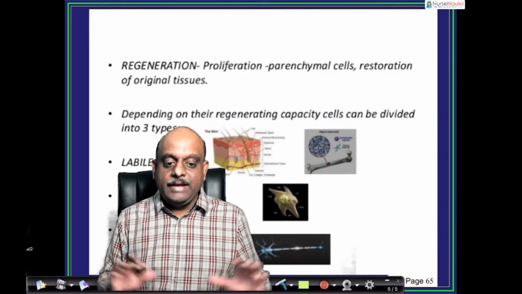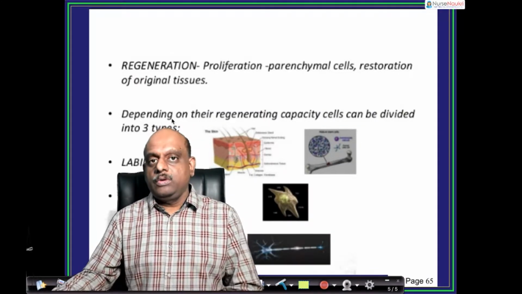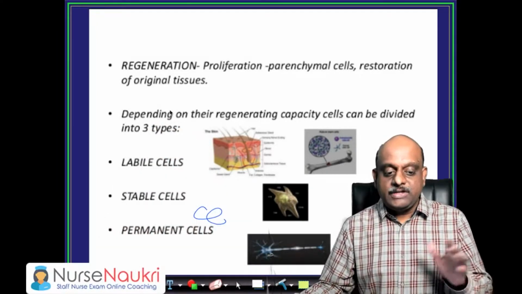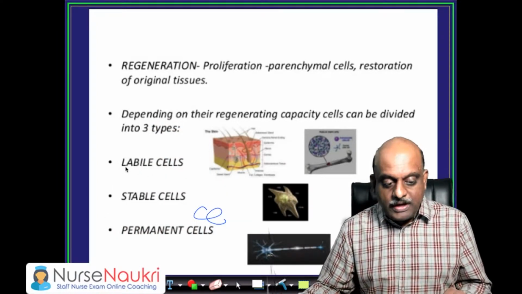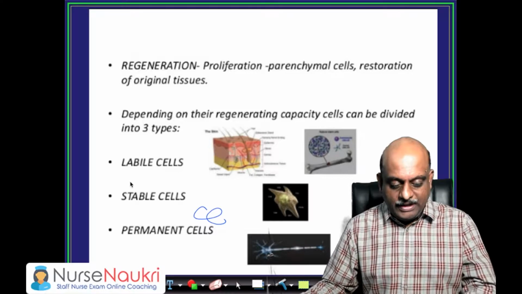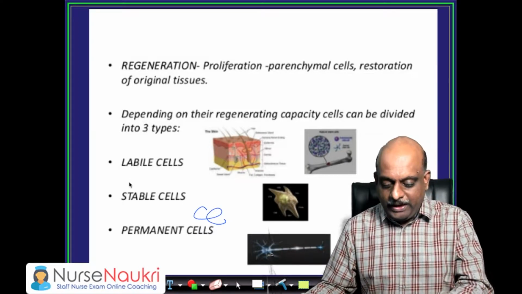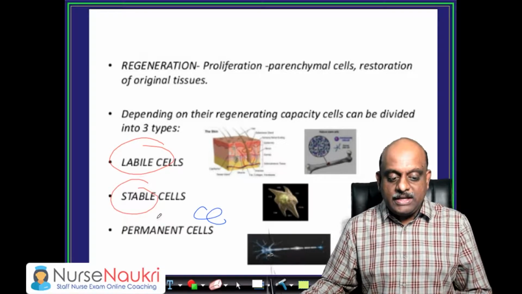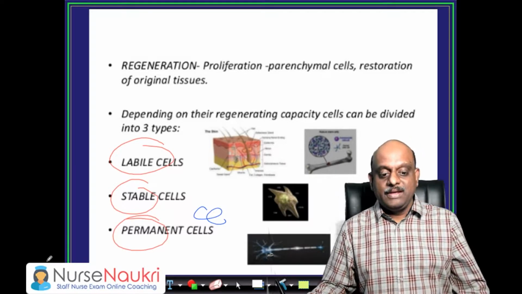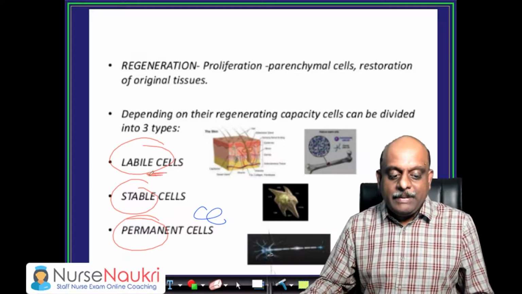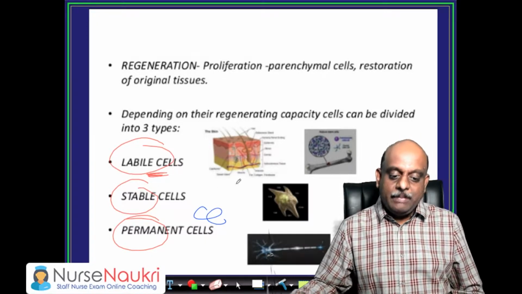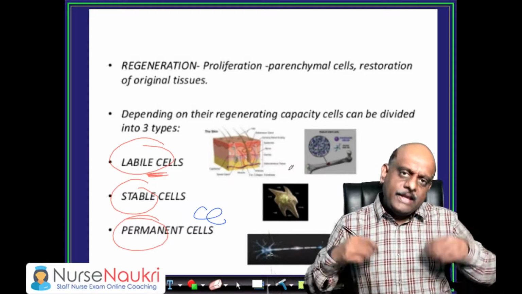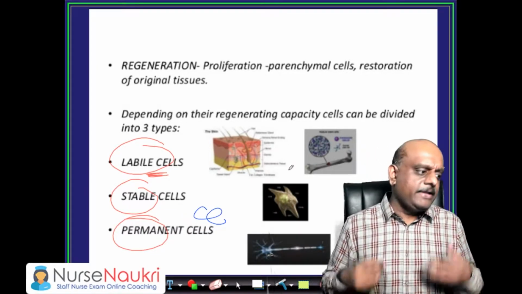That's called healing. Now, if you take our cells, there are three kinds of cells in our body which you have to be very sure about: labile cells, stable cells, permanent cells. What do you mean by labile? Labile means every day they keep on multiplying. They are continuously replicating.